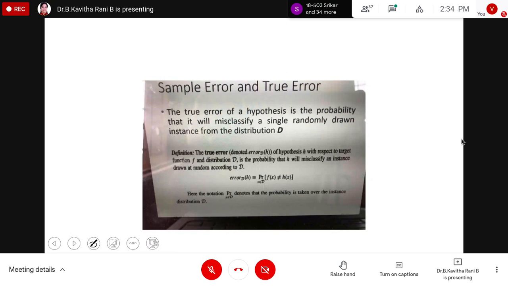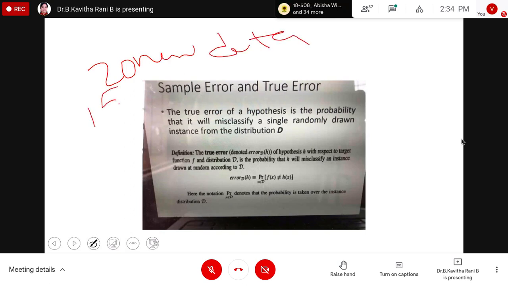For example, if you are having 20 new data, out of which 15 are correct and 5 are wrong, so here we are getting 75% accuracy and 25% error.